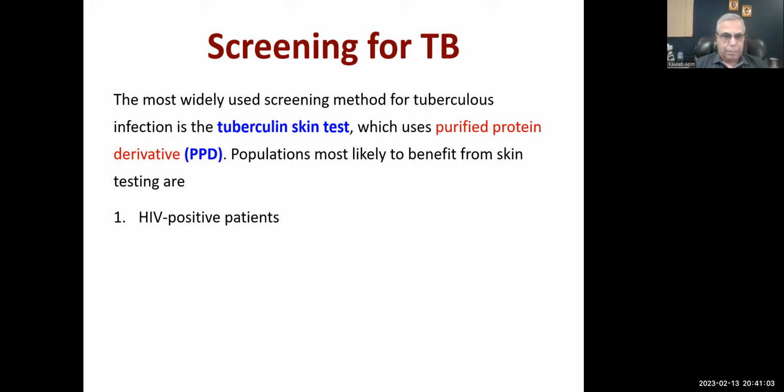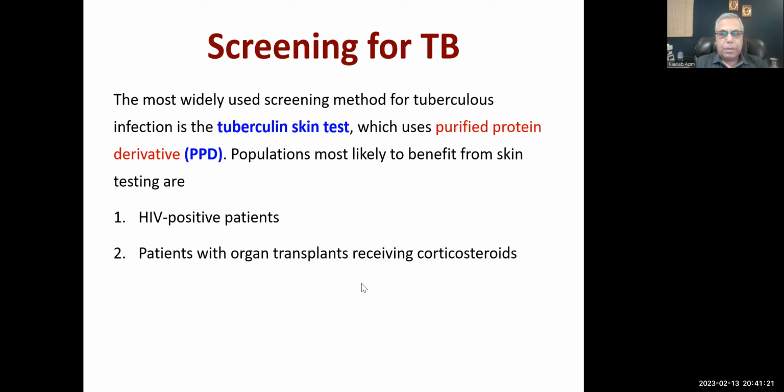But remember, and I'll show you this later on as well, that in HIV positive patients, skin test might be negative sometimes, or the reaction is very weak, okay? We measure the induration that I'll show you in the later slides. Patients with organ transplants receiving immunosuppressive drugs, so again, their skin reaction is going to be weak.